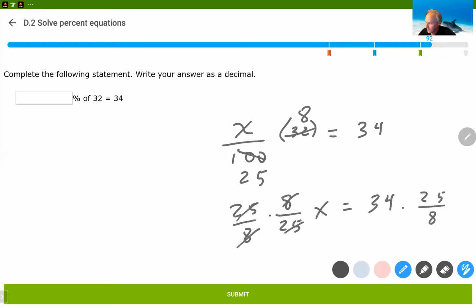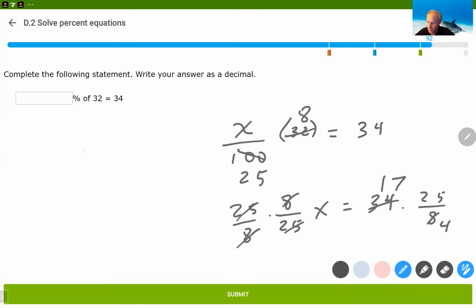Unfortunately, 8 doesn't go evenly into 34. I can only divide by 2, and then I'm going to end up with some fractions. I'll do it. 2 goes into 8 4 times, and 2 goes into 34 17 times. And I still have to multiply 17 times 25 and divide by 4. Probably would have been easier just to go ahead and do it from the beginning.